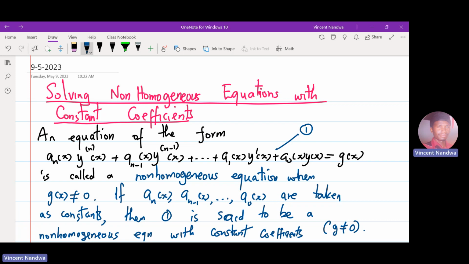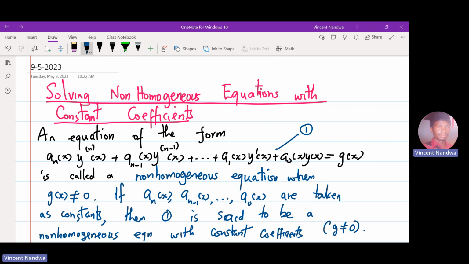So our interest would be to solve equations which take that structure: the right-hand side of this differential equation is non-zero, and the coefficients of the functions involving y and its derivatives are purely constant numbers.